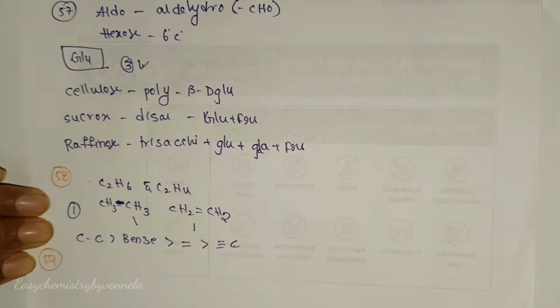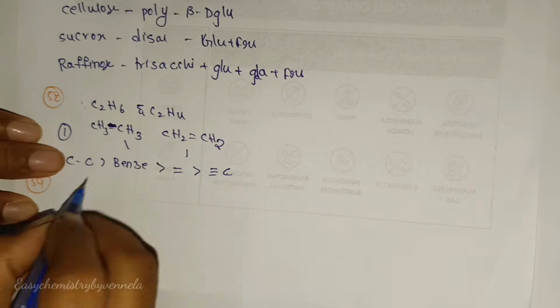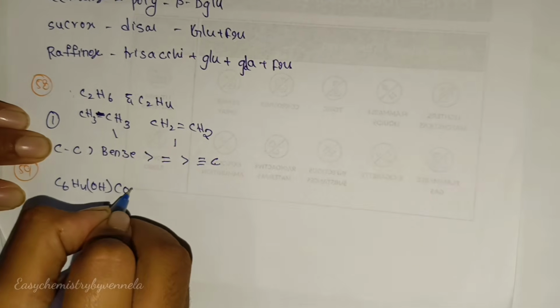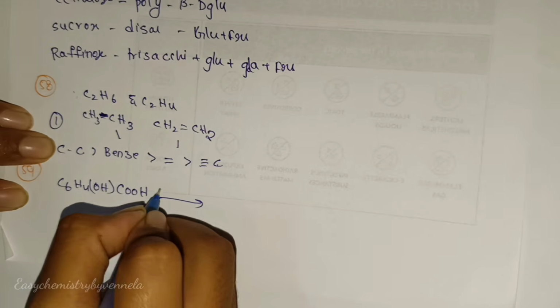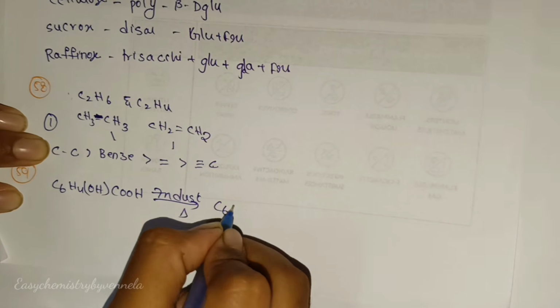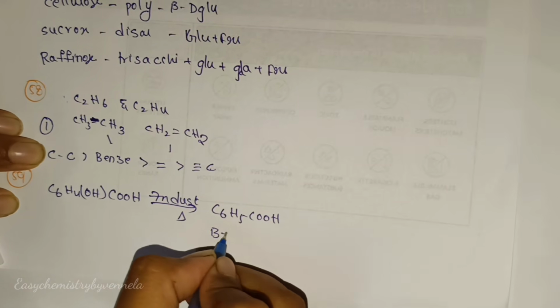Next question. When salicylic acid is distilled with zinc dust, the product is. What is the product? Salicylic acid is C6H4(OH)COOH. Reaction with zinc dust in the presence of heat forms C6H5COOH.